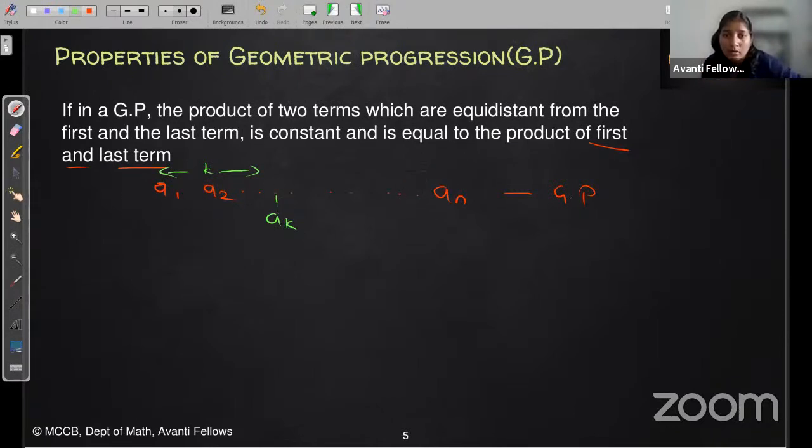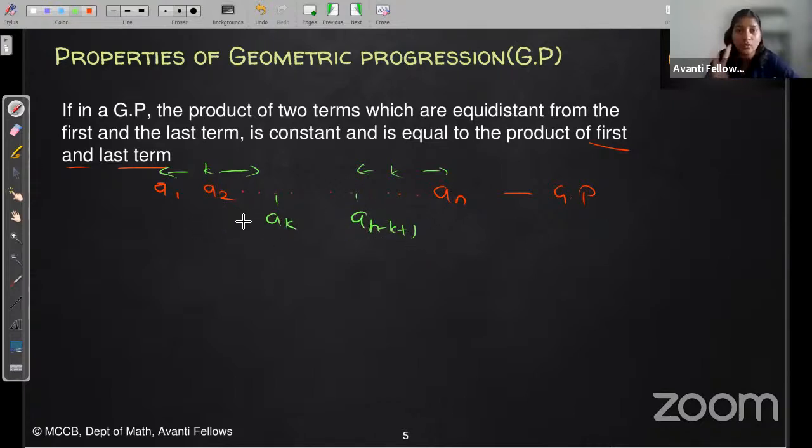And we have to consider one more term which is K unit from the end point, that is AN. So the one more term which is K unit from the AN will be what? AN minus K plus 1.